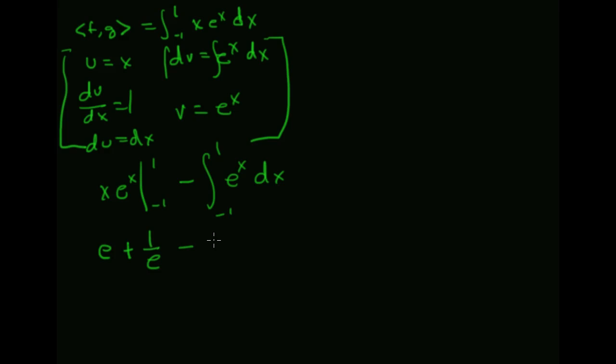Now this becomes minus e to the x from negative 1 to 1. This is e plus 1 over e minus e minus 1 over e. So that comes out as 2 over e. A little bit of integration by parts just to keep you on your toes there. Let's look at number 5.